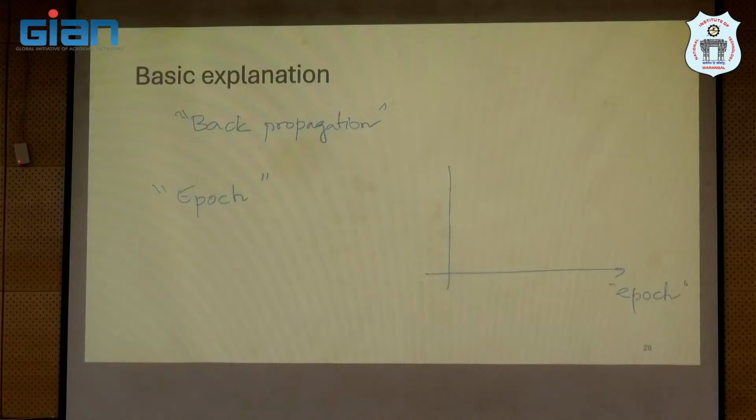Does anybody know what epoch means in plain language? Iteration, yeah, but in plain language, where will you use epoch in English? I'm also not sure, but I'm asking you. Maybe you can check it in a dictionary. It's more like a representation of time, a duration in general.